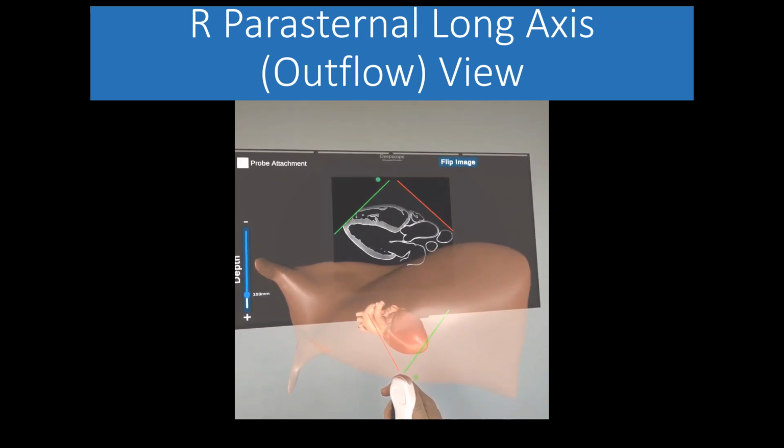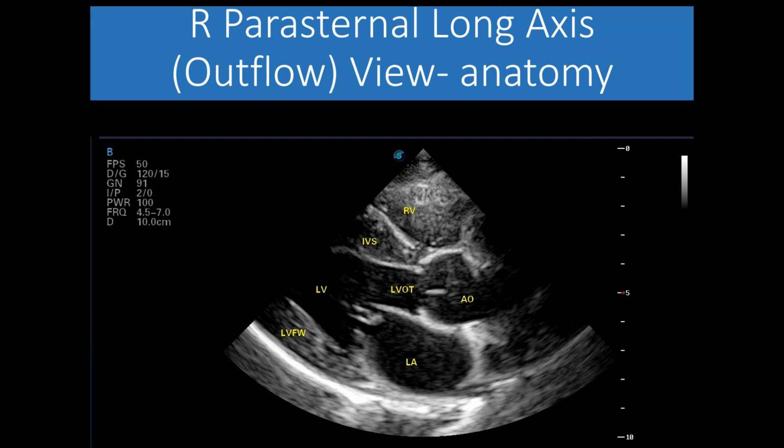So again, on a true ultrasound scan, this is what you tend to see. Anatomically, you sometimes will see part of the left atrium, the mitral valve, but the main part that you're looking to optimize is the left ventricle, the root of the aorta. Here's the aortic valve here, sinus of Valsalva, and the aortic outflow.